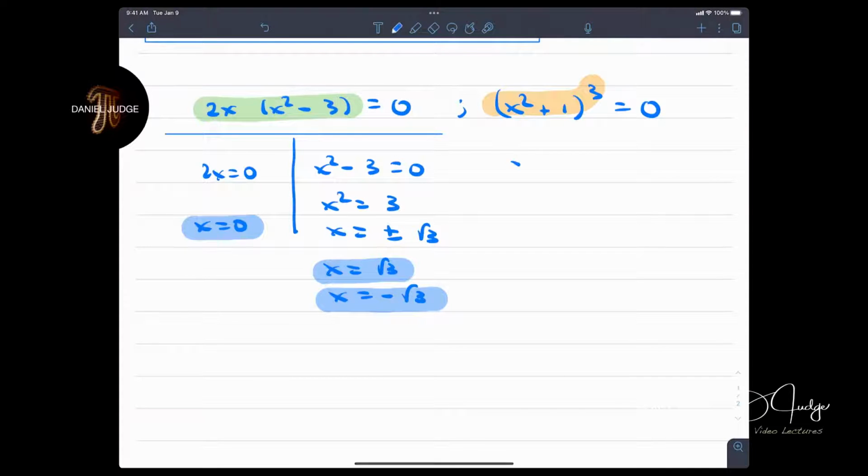And then here we have x squared plus 1 is 0 if we take the cube root of both sides. And then we know this never happens. And then we know x squared plus 1 could never be 0. That gives you imaginary solutions here. Okay, so we're on our way.